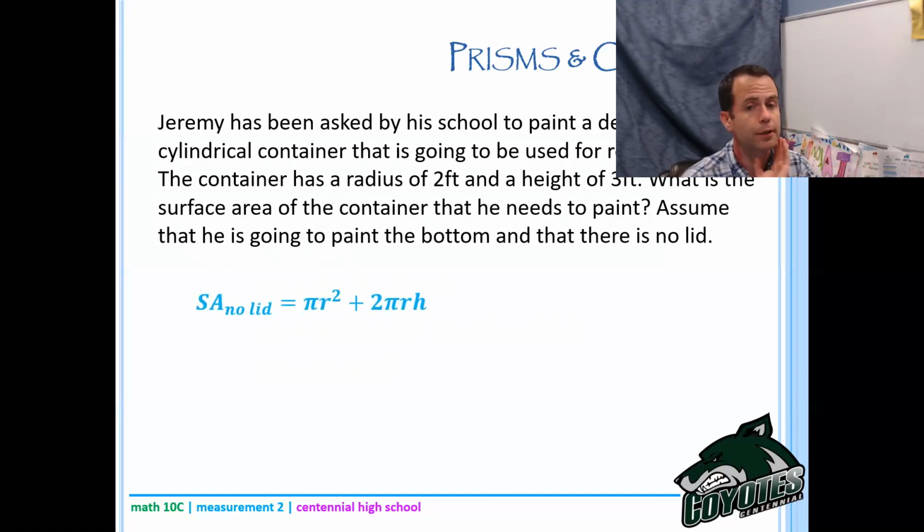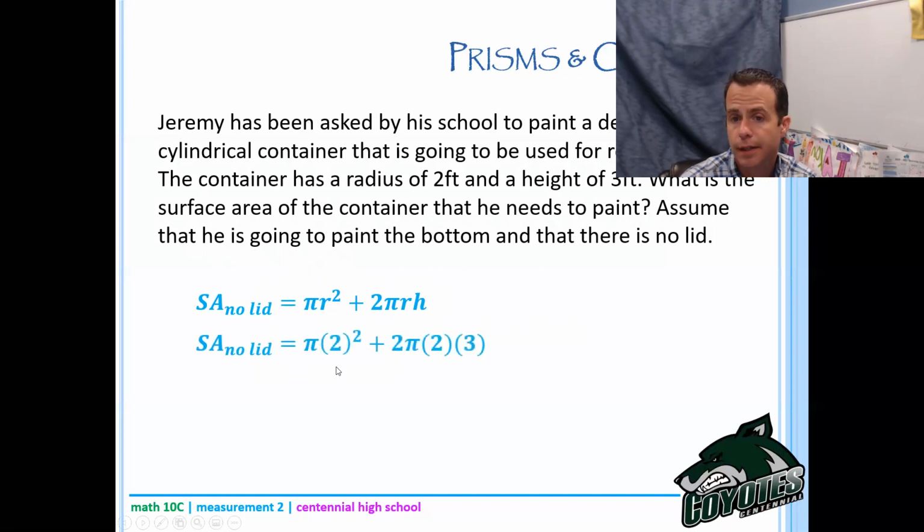So I said the surface area with no lid is 1 circle, 1 pi r squared instead of 2 pi r squared, and then the wraparound, okay? I plug in the things I know, and now I type that in my calculator. Make sure as well, I haven't said this yet, but it's probably a good conversation coming, especially from those of you coming from grade 9 right away.